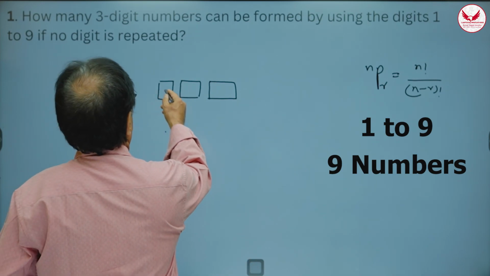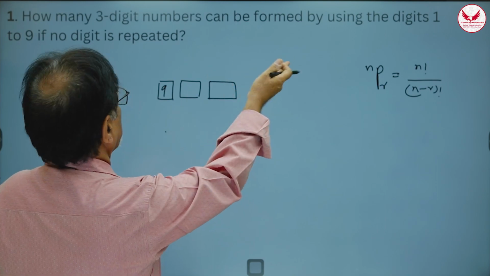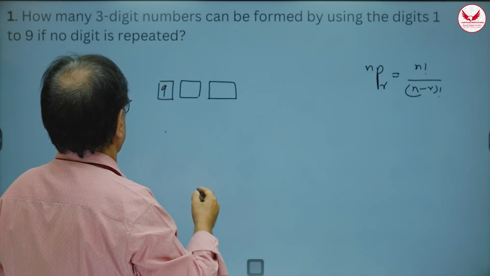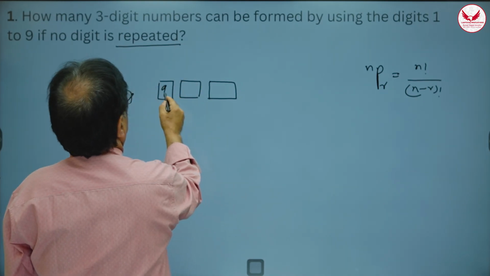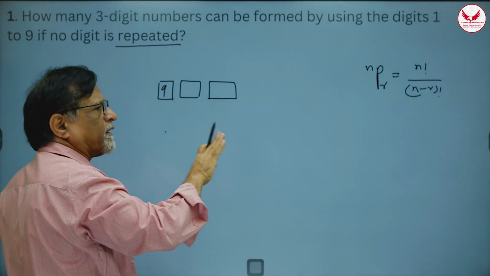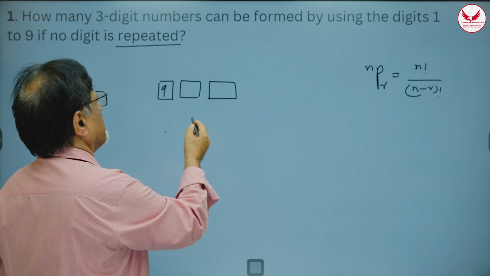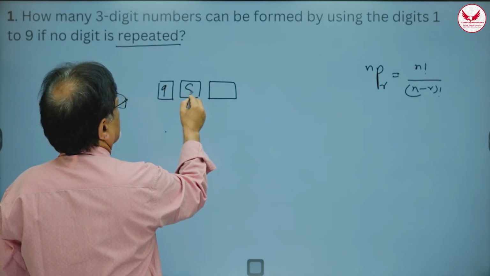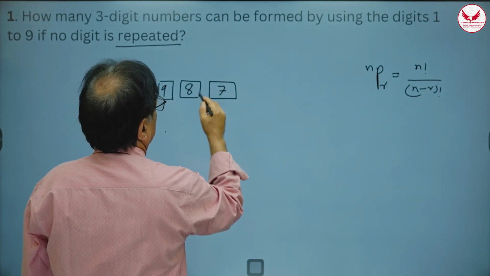So the first place can be filled in 9 ways, okay? Because all of them can be accommodated here. But a digit is not allowed to repeat. Therefore, the digit which is used here is not available for the next job. The next job can be done in how many ways now? There are 8 alternatives, and the third job can be done in how many ways? 7 alternatives, correct?